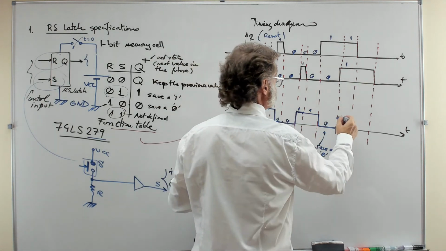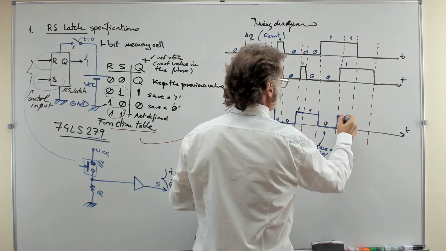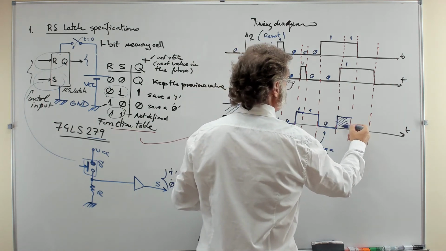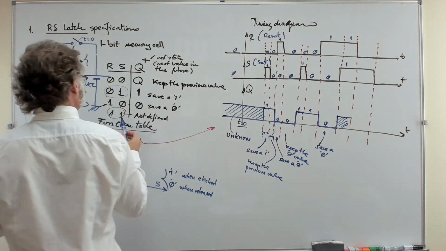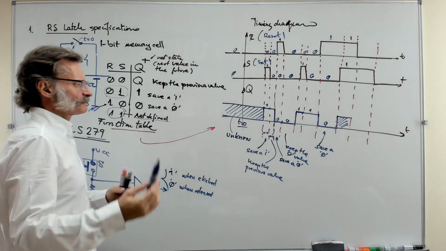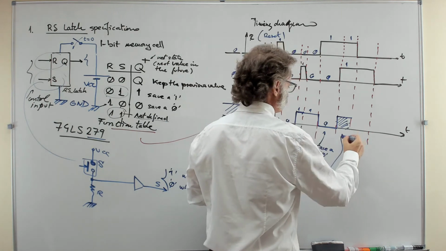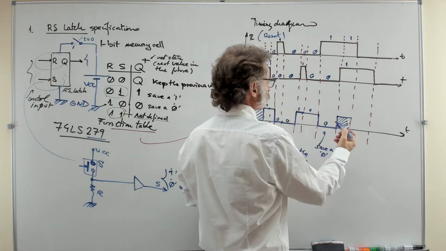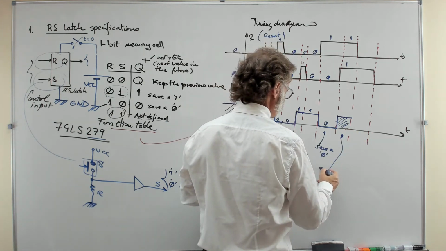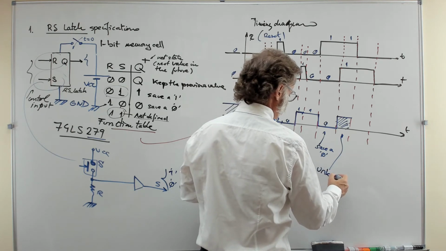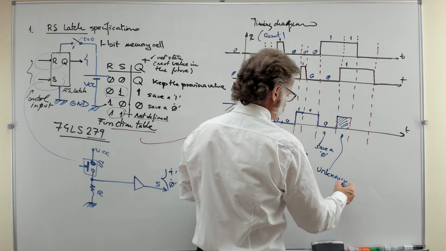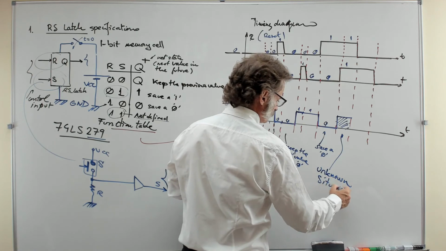So in this situation, you know nothing, because there's no way to know. It's not defined. The system can do whatever it likes. There's no prediction here. You see, it goes to an unknown situation.